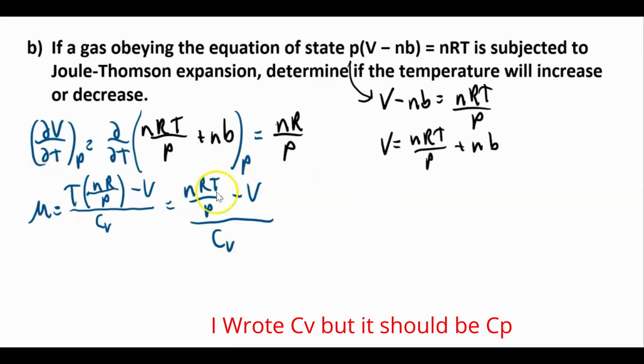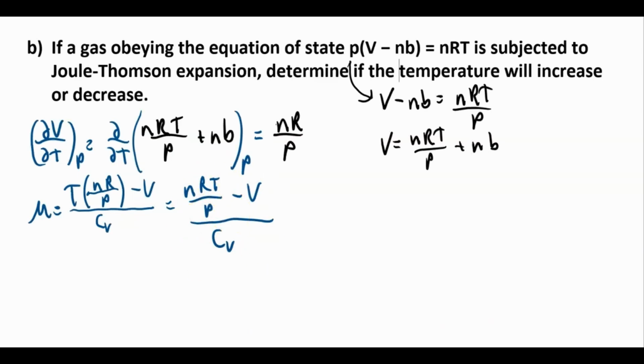Okay, so here, now before we continue, if this was an ideal gas or a perfect gas, then this value would be 0. Just an aside. Remember PV equals nRT? Well, that means V equals nRT over P. nRT over P is V for an ideal gas. I'll write this here, ideal gas.